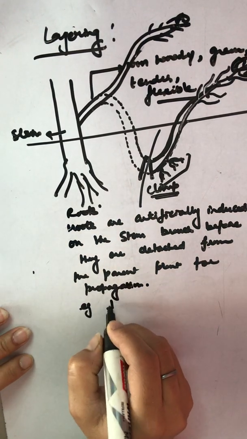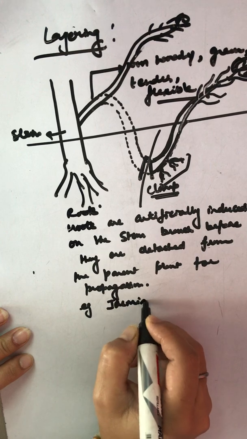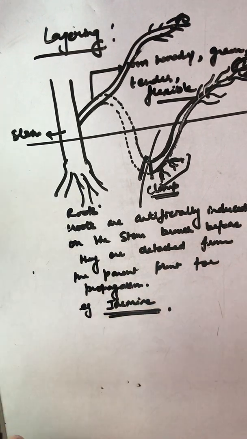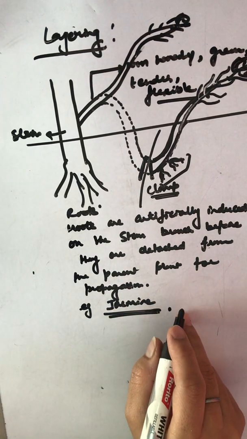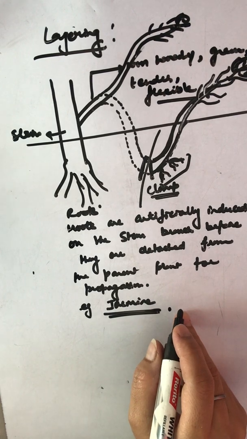Example, the jasmine plant is normally obtained by layering, right?